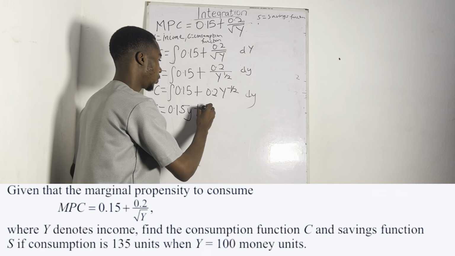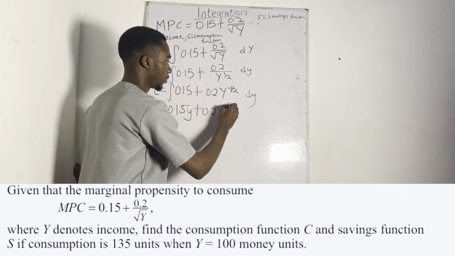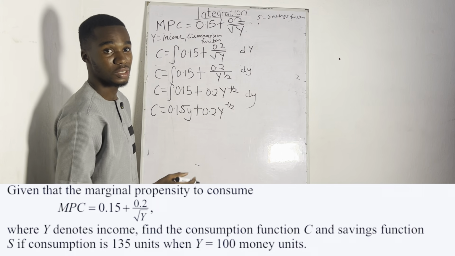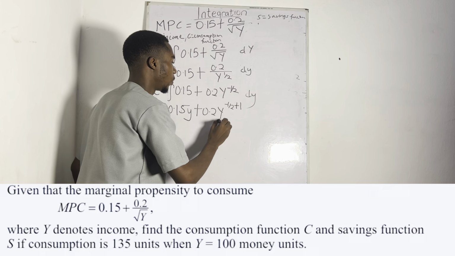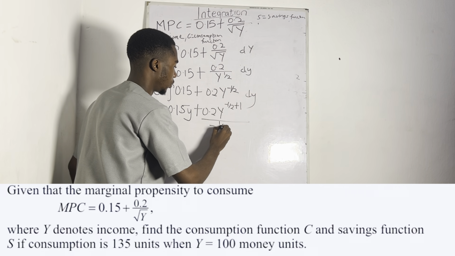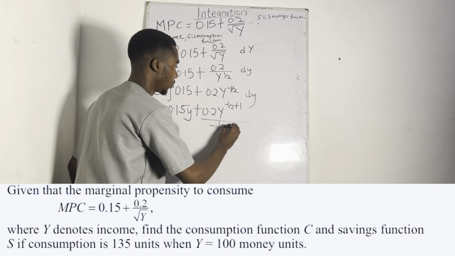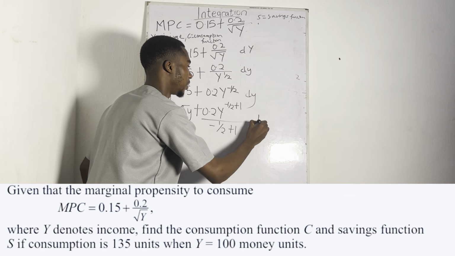This is the original one. We are integrating, so you add 1 to the exponent. Don't forget, plus 1. Whatever is at the exponent, you divide by it. So negative 1 over 2 plus 1. Do you get it? Then we add the plus c.